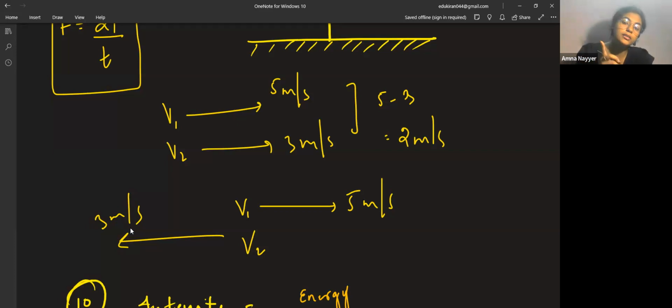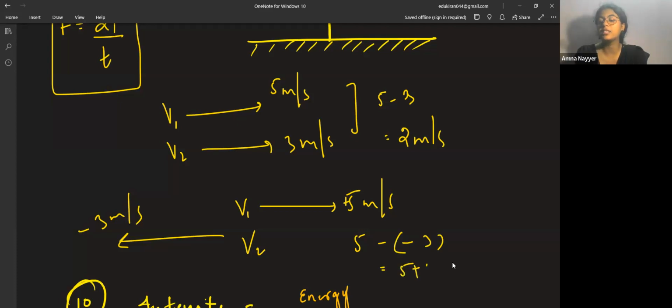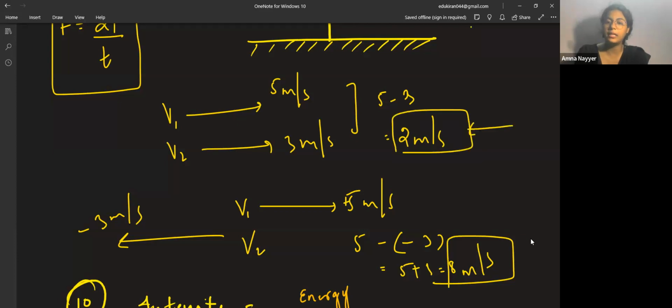No, you will have to consider the sign convention. So if I have taken this as plus, this I have taken as minus. So 5 minus minus 3 will give 5 plus 3, which is 8. So here the answer that I am getting is 8 meters per second, and here it is 2 meters per second. So there's a lot of difference between the two.